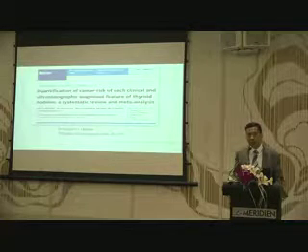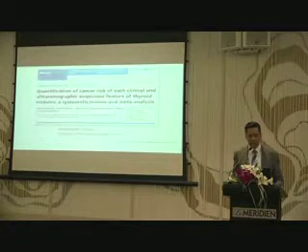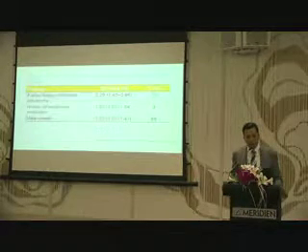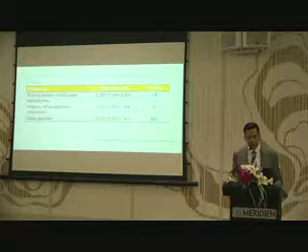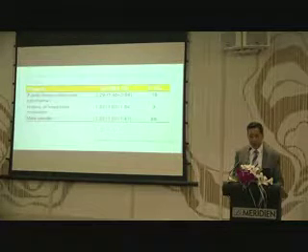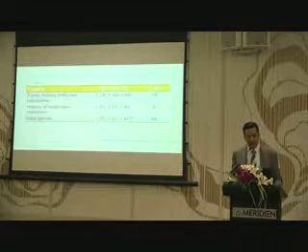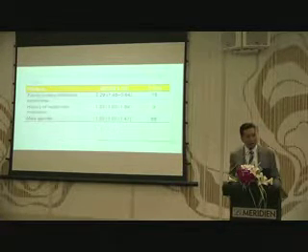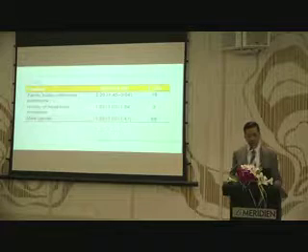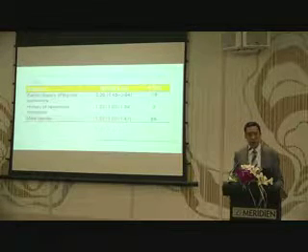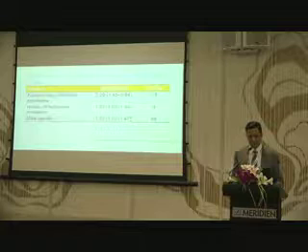If you just look at the clinical features, having a family history of thyroid cancer increases the risk of thyroid cancer twofold, and having a history of head and neck irradiation increases the risk 1.5-fold.